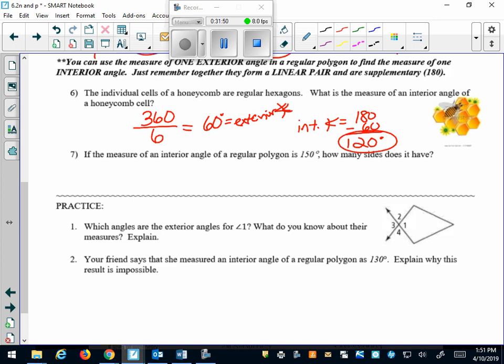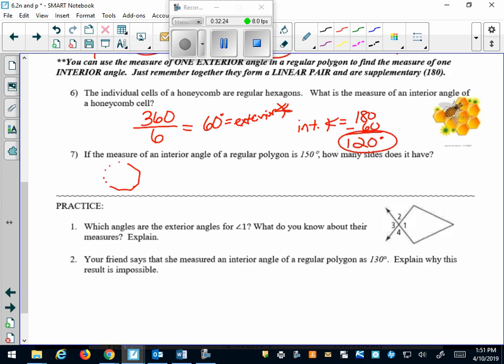Okay, number 7, if the measure of an interior angle of a regular polygon is 150, how many sides does it have? So again, we could do this math because that's the formula for one interior angle. Or we could use the fact that it forms a linear pair with the exterior angle. So imagine we have this regular polygon. We don't know how many sides it has.